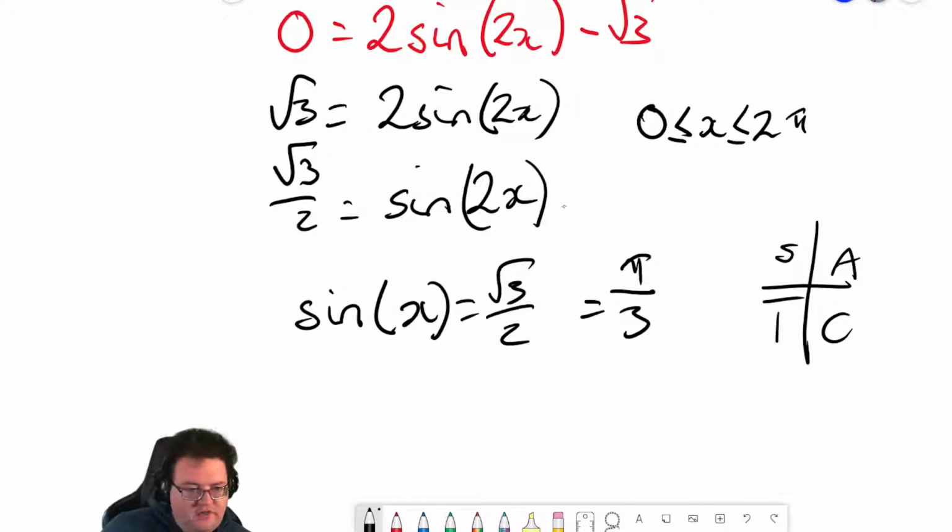Think about your circular functions. So in quad 2, what is that angle there? So it's going to be pi minus pi on 3, which is 2 pi on 3.